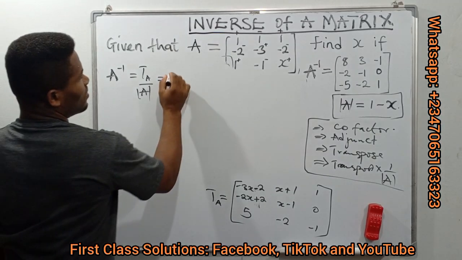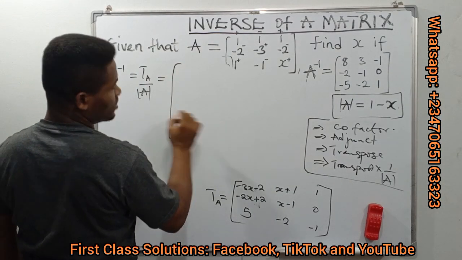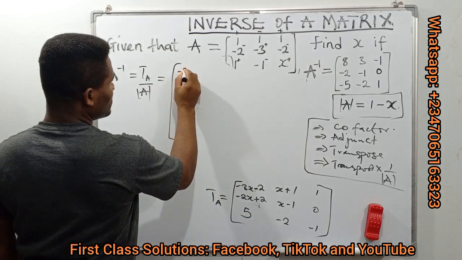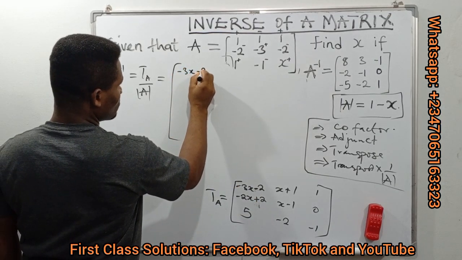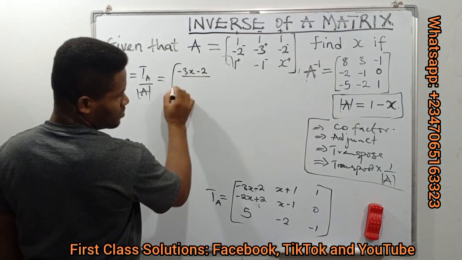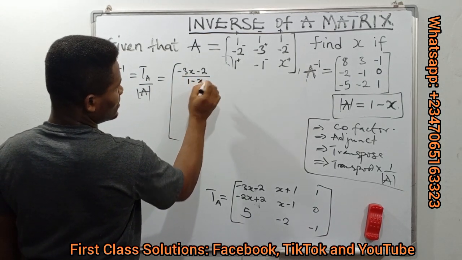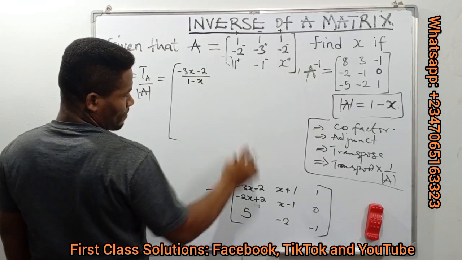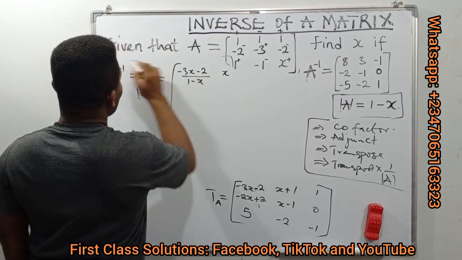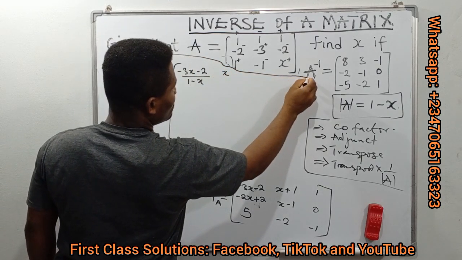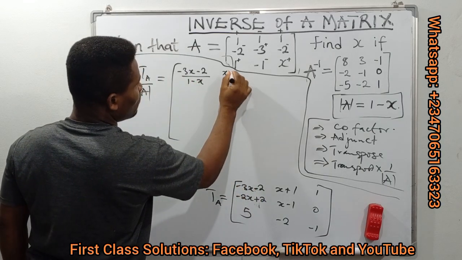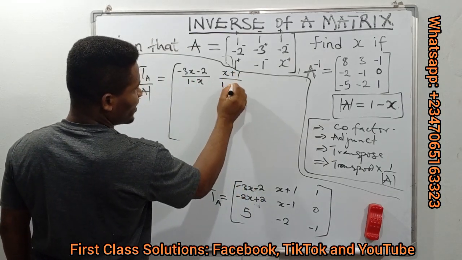This is our transpose. So let us divide the transpose by the determinant. Let us bring a big matrix here. We have minus 3x minus 2 all over what? 1 minus x. Next one, x. Let me rule here for sake of clarity. X plus 1 all over what? 1 minus x.